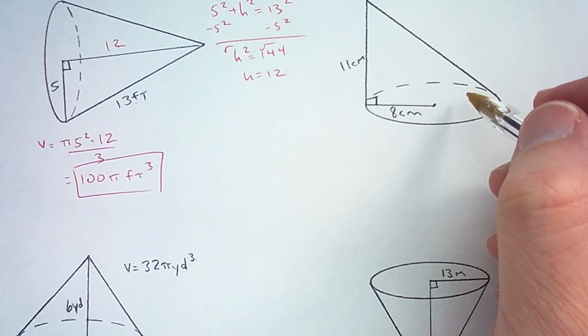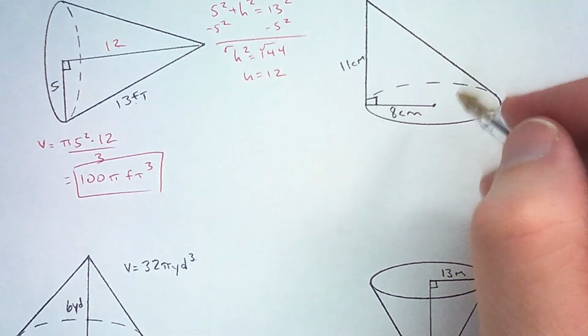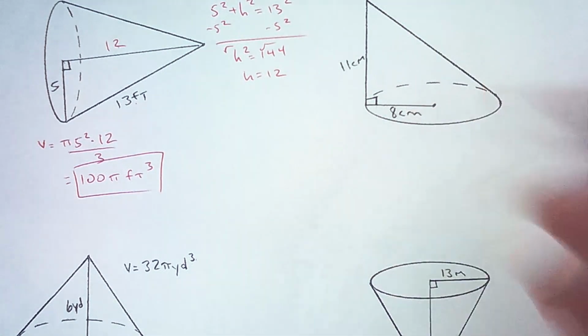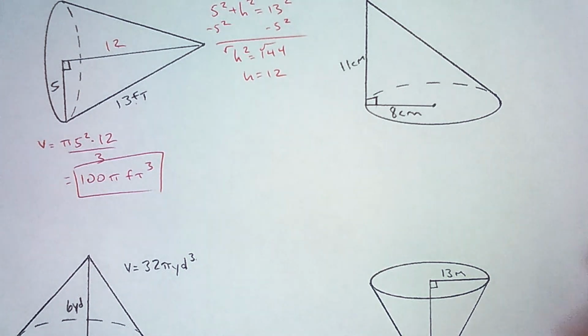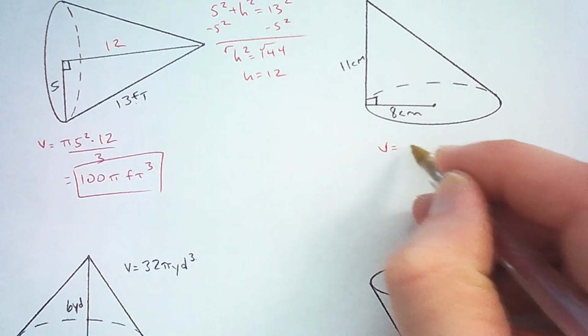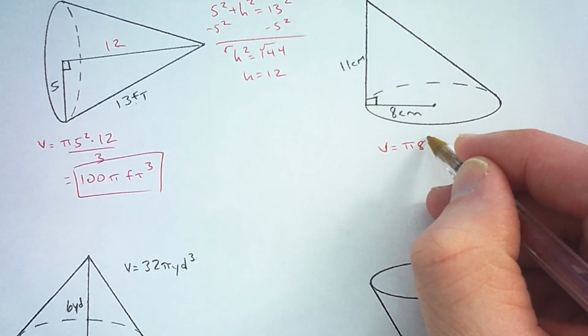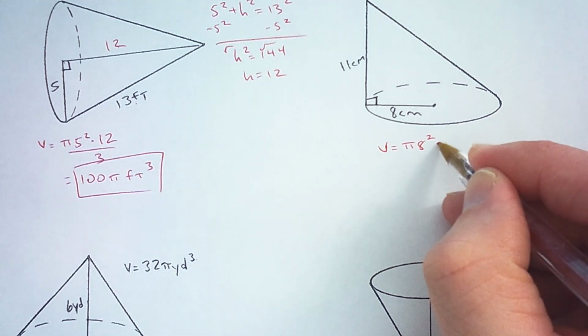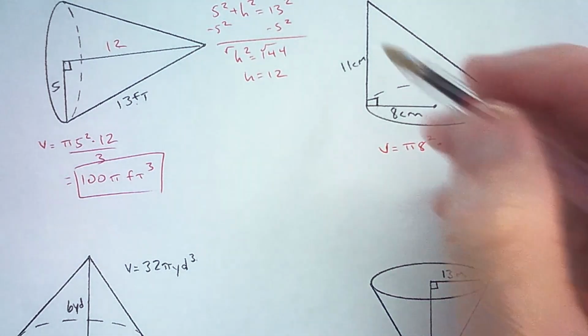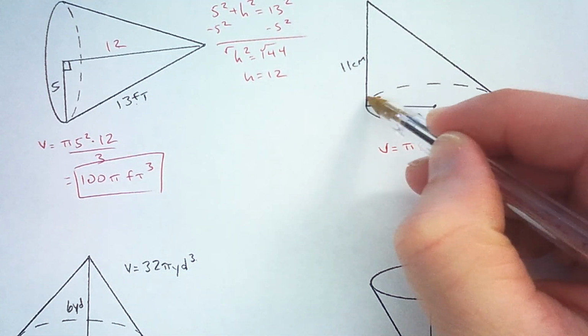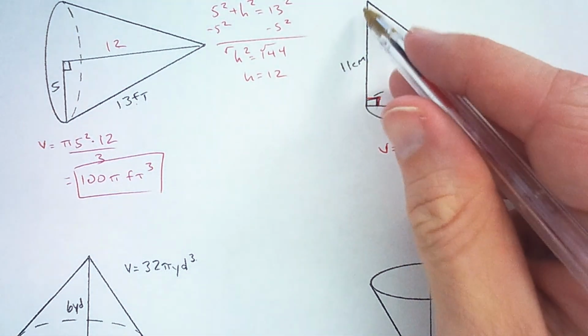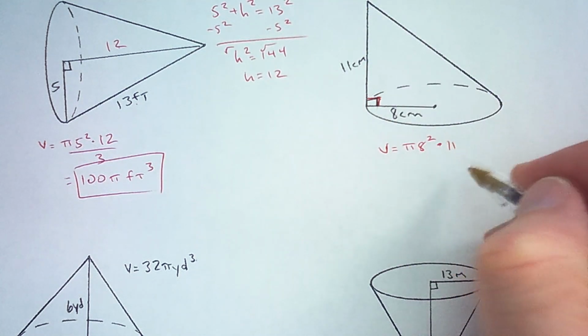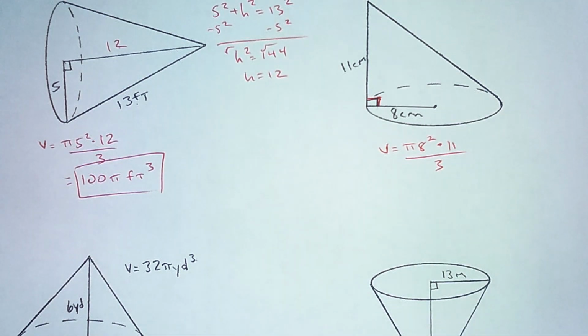Next we have an oblique cone. So we have a radius of 8, so the volume is pi 8 squared, times the height. The height has to be perpendicular to the base, and because of this symbol right here, I know that 11 here is perpendicular to the base, divided by 3.